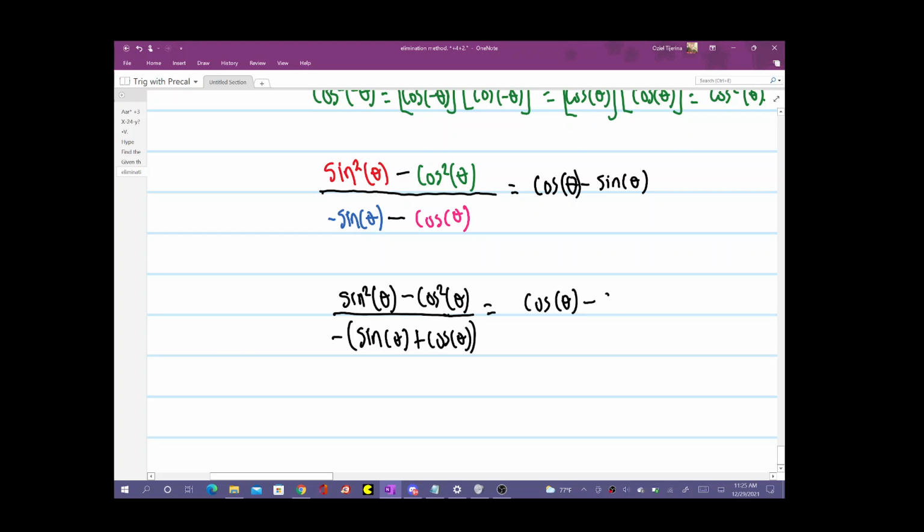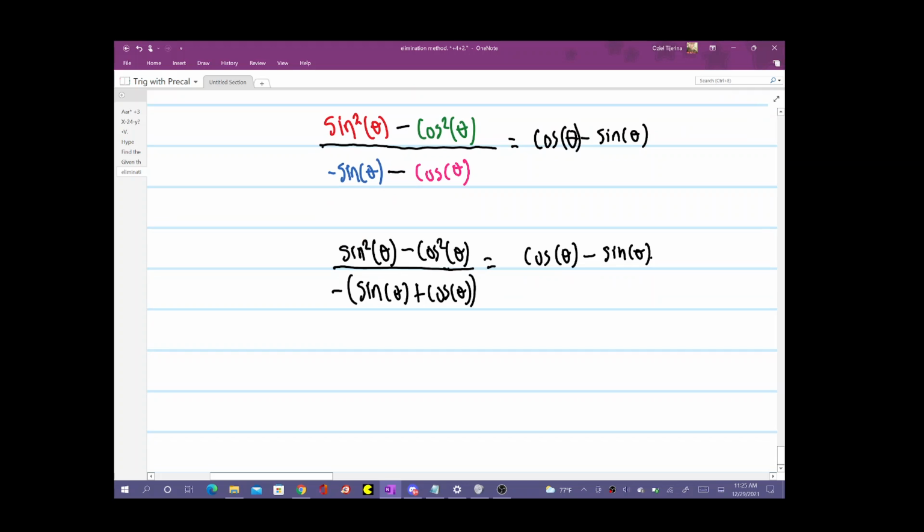So, let's see, hold on. We can use the difference of two squares to simplify the top. So we can say that that is equal to sine of theta plus cosine of theta times sine of theta minus cosine of theta.